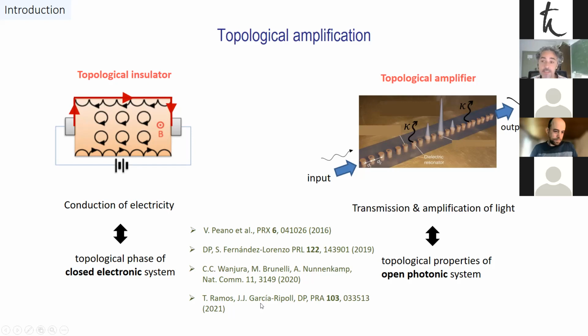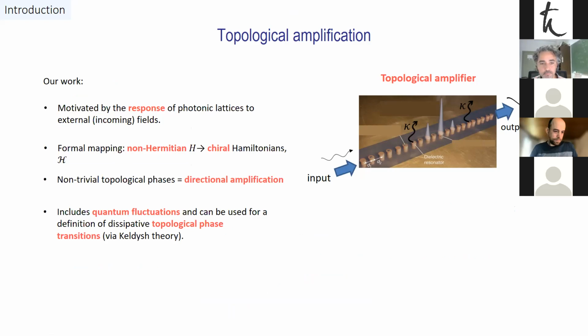The ideas I'm going to present are also strongly related to the work by Vanjura and Nunnenkamp's group, who have also worked along similar lines. All these works are strongly correlated, and they all follow the same spirit of understanding topological properties by looking at response functions in the input-output sense.